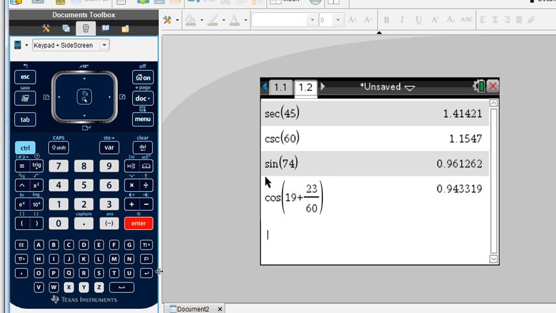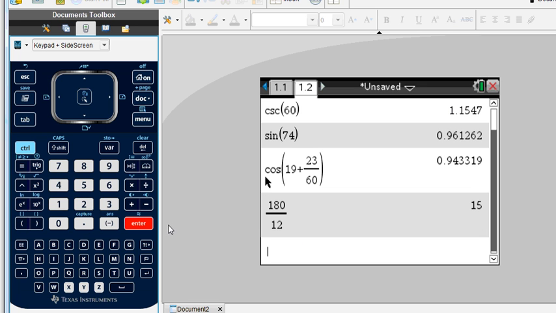Let me be sure here. 180 divided by 12, I'm pretty sure 15 degrees. Yeah, 15. So we're just going to go ahead and take the tangent of that 15 degrees.